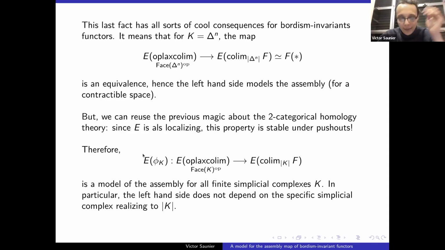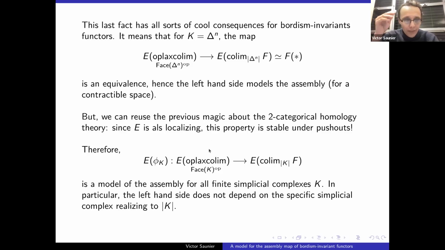And so this is the claim that I now make, sorry, it's missing an f here, that this E of phi k, from the oplax colimit to the colimit, is a model for the assembly map. Differently stated, this left-hand side guy, you can replace Cauchy's hat by this guy.